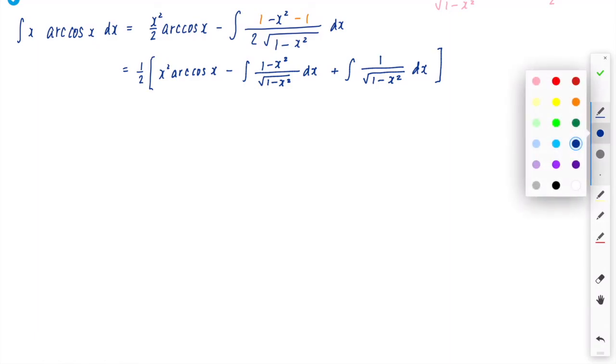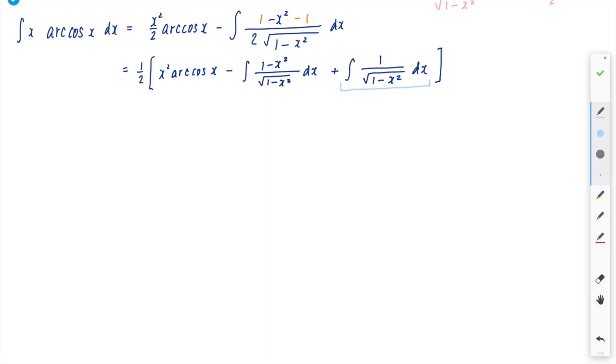Why is this useful? If you look at your formula booklet now, what is the result of this integral? That integral turns out to be arc sine.